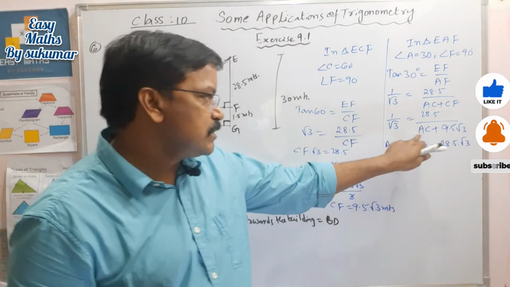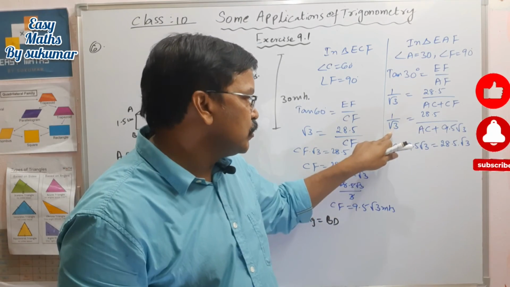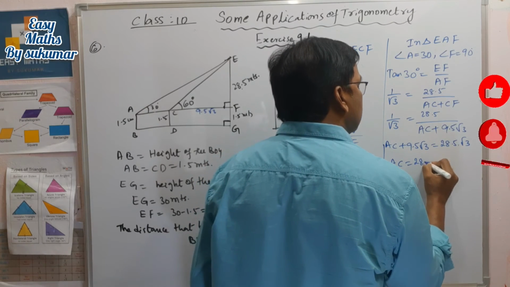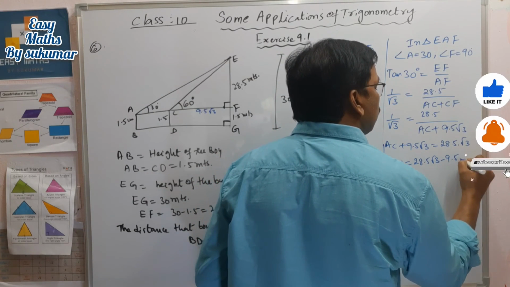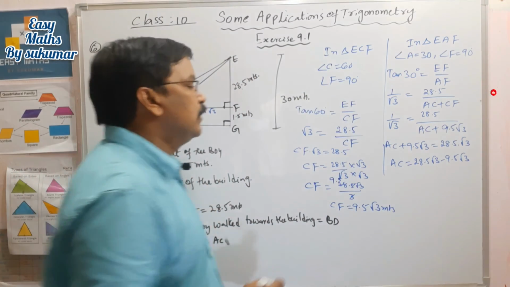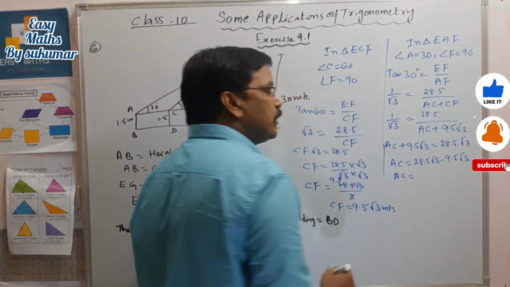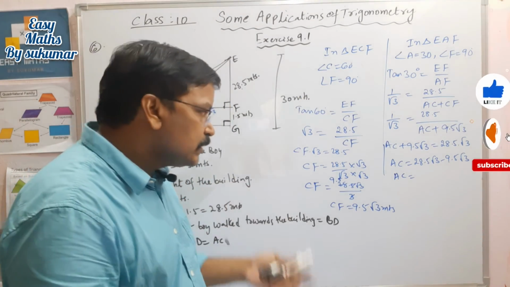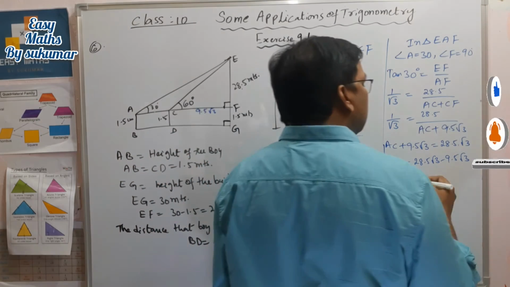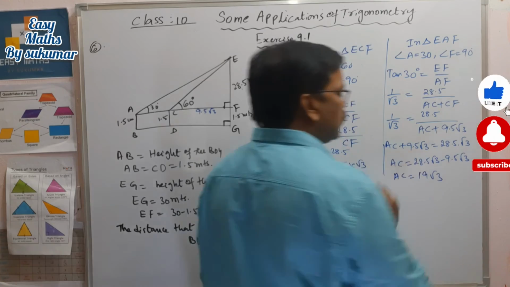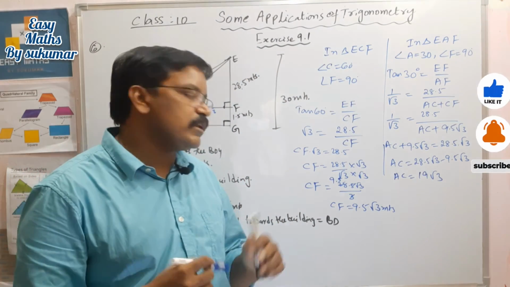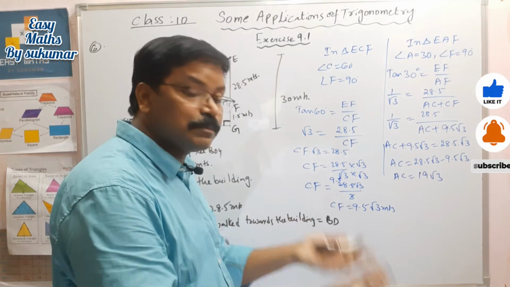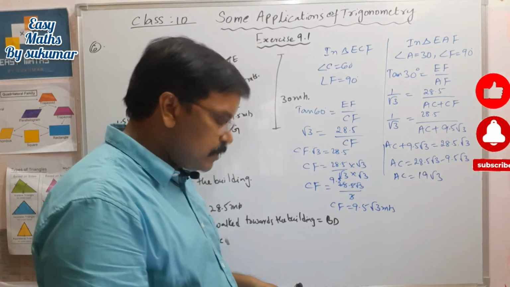Now AC is equal to 28.5 root 3 minus 9.5 root 3. So AC is equal to 19 root 3. So my dear students, the distance he walked towards the building is 19 root 3 meters.